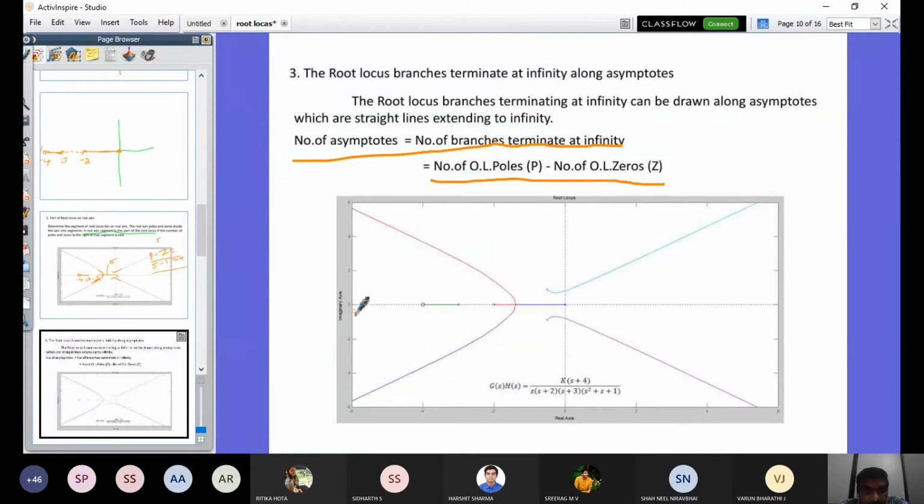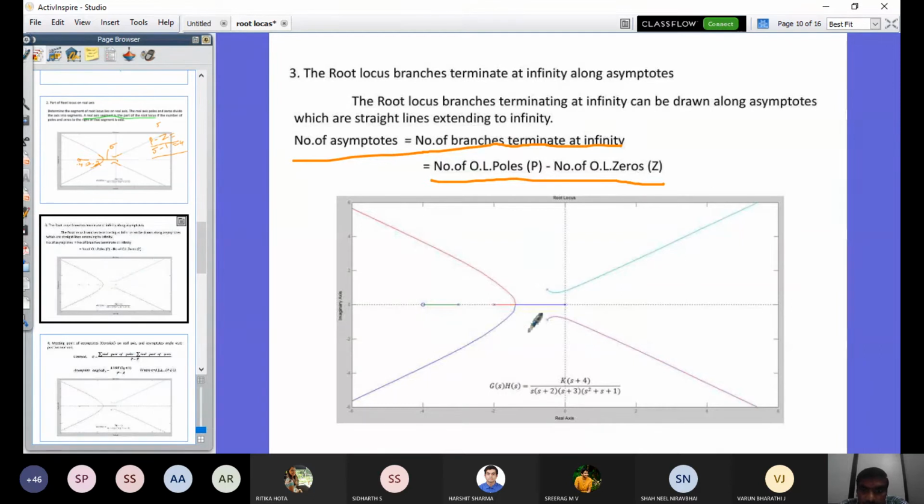I will complete within 5 minutes. Please listen. And next point, how to find the centroid. Randomly we cannot draw the asymptotes. First you find the asymptote angle. Once you find the asymptote angle, you can draw the asymptotes, and the meeting point of the asymptotes is called the centroid.